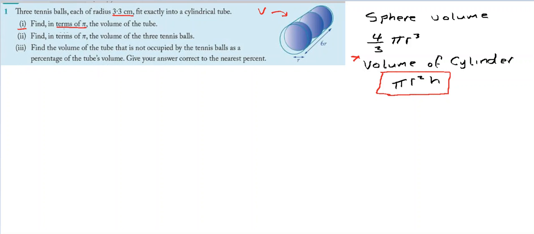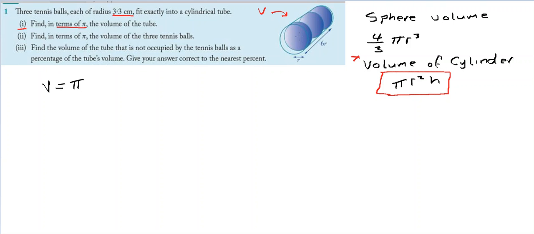So find in terms of pi the volume of the tube. In terms of pi, the volume is going to be equal to pi r squared. It tells us that its radius is 3.3 centimeters.